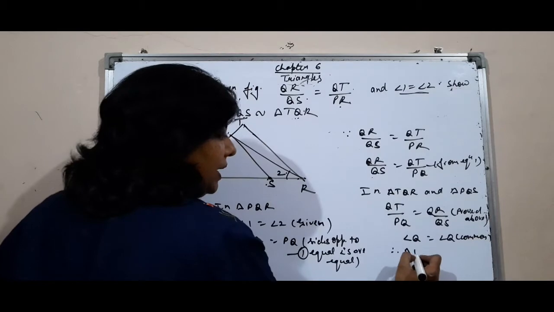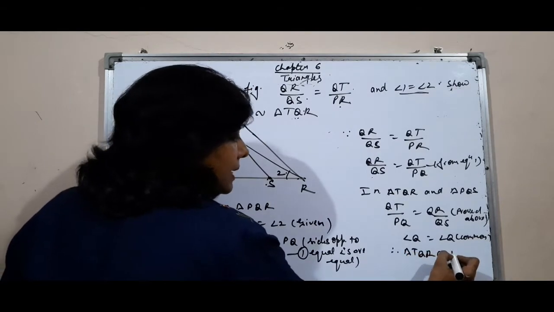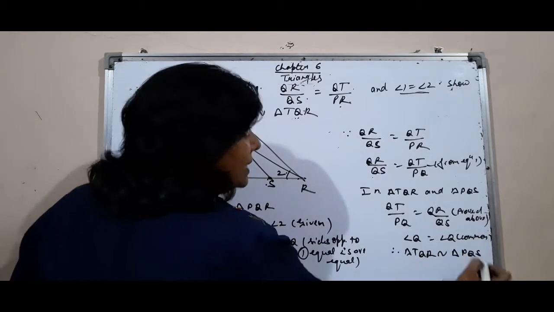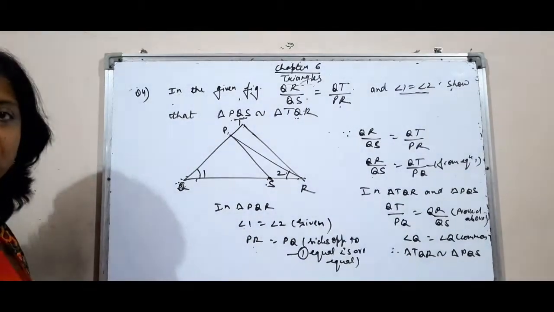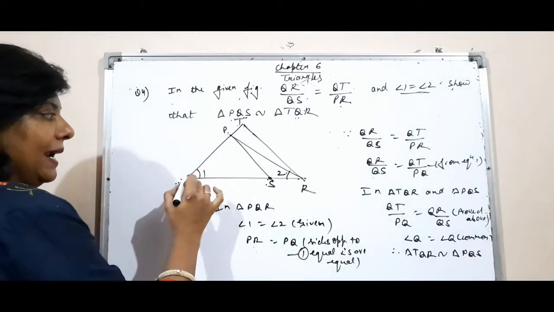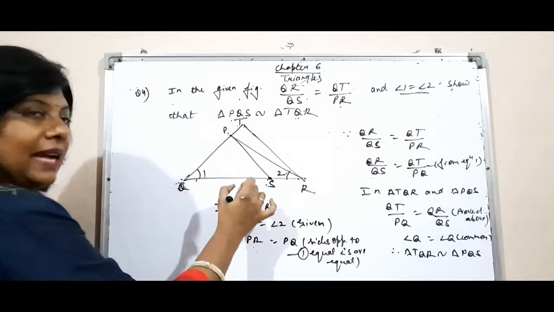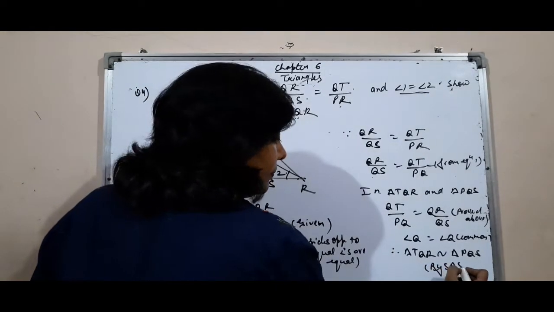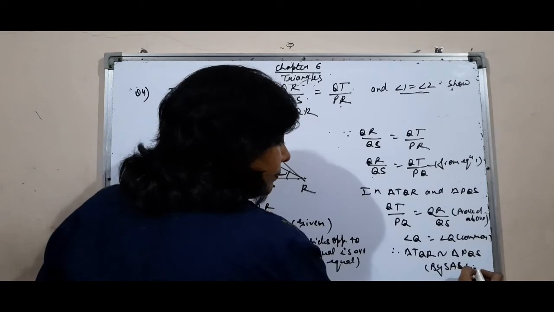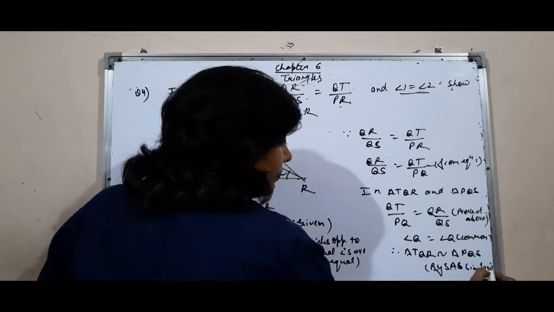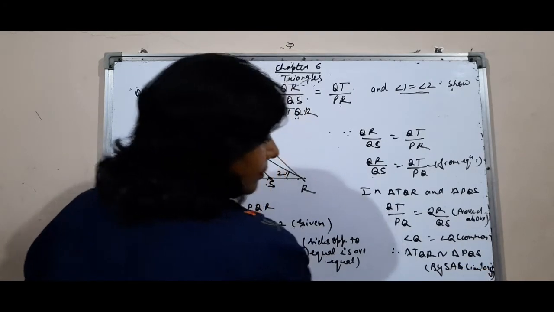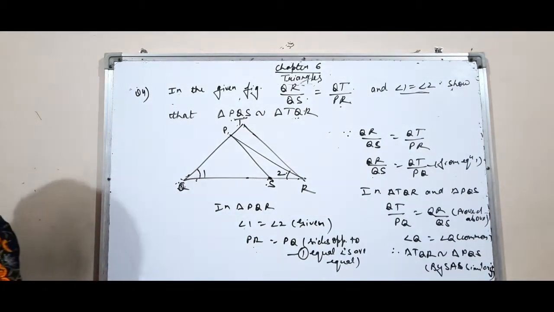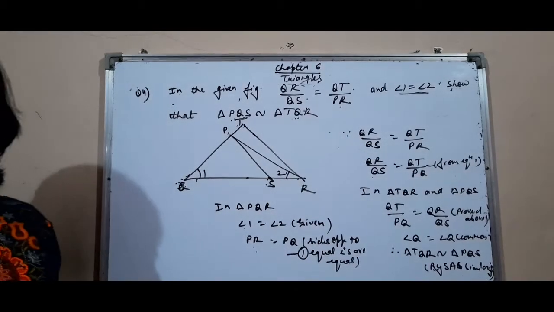Therefore, triangle TQR is similar to triangle PQS. By which similarity? Side, angle, side. By SAS similarity. Got it, students? I hope all of you will get it.